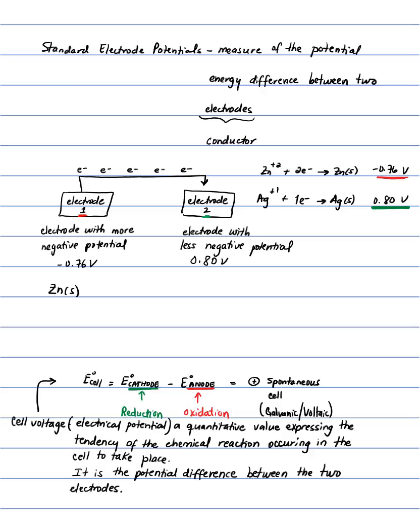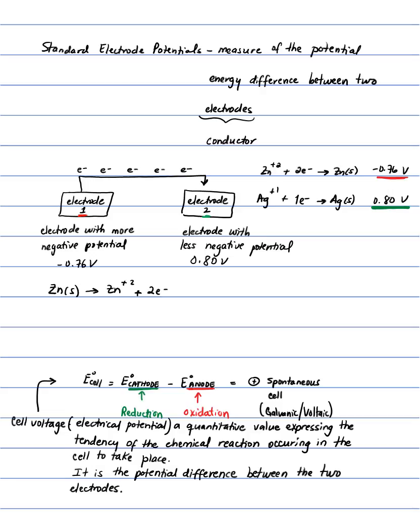So when zinc solid is losing electrons, it will form zinc plus 2 plus 2 electrons, which is the same reaction that you have but flipped. Your reaction represents a reduction, something gaining electrons to give you a product.